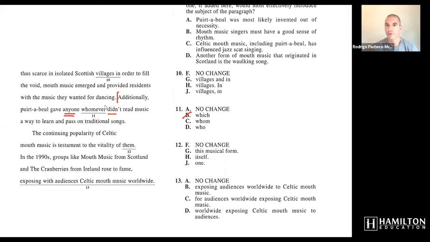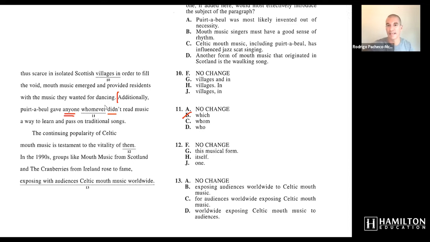And we can confirm that we are dealing with the subjective case, because if we were to use a different pronoun, for instance, they, we would say they didn't read music. They didn't read music, right? We wouldn't say them didn't read music, and them corresponds with the objective case.